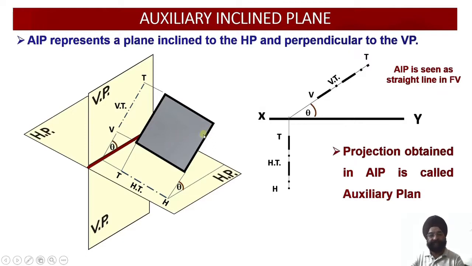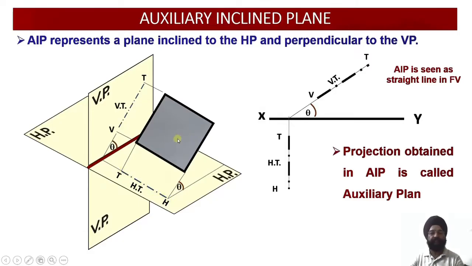If we extend this AIP, because it is inclined to the horizontal plane, once it intersects with the horizontal plane, this location describes the horizontal trace of my AIP.